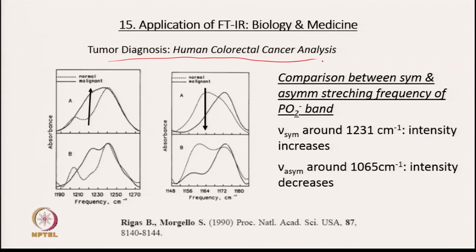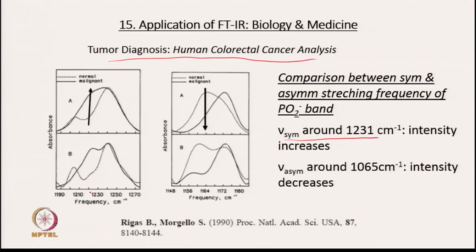And now, there is a comparison. You can see the frequency around 1231 centimeter inverse. This is the symmetric stretching of the PO2 minus band, and what you can see is the intensity is increasing.